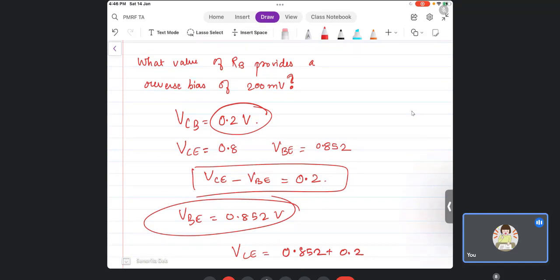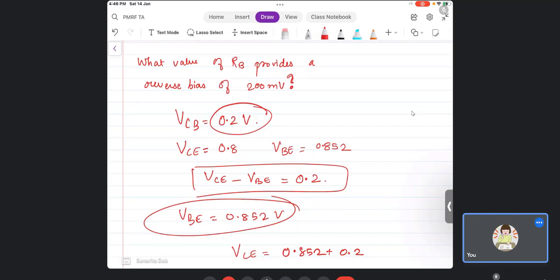Now I am sure that my transistor will be in the amplification region and can amplify signals. But earlier with 100 kilo ohm, my transistor was just on the edge of saturation. It was not in a good amplification range; maybe it would not be able to amplify at all. So with this, the simple biasing ends.